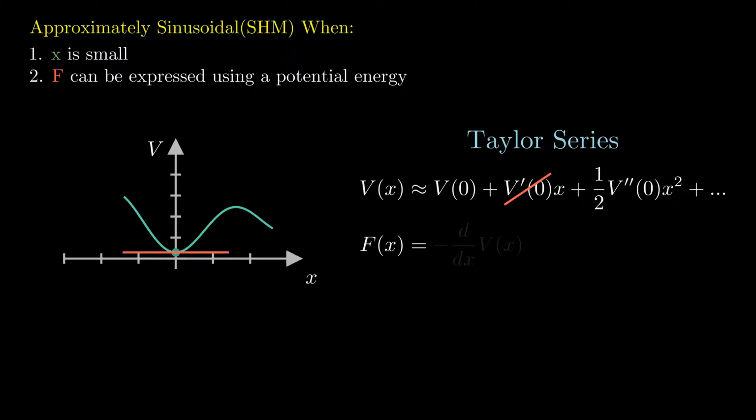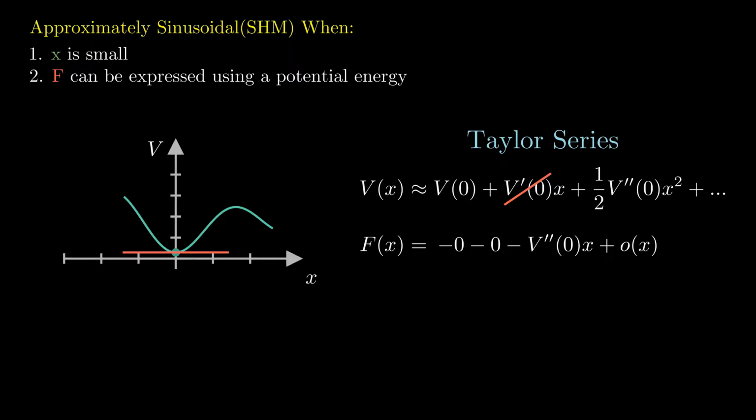The derivative of the first term is equal to 0 because it's just a constant. And the second term is equal to 0 since the first order derivative is 0 at that point. The third term would be minus the second order derivative of the potential evaluated at 0 times x. And the remaining higher order terms can be written as O of x.